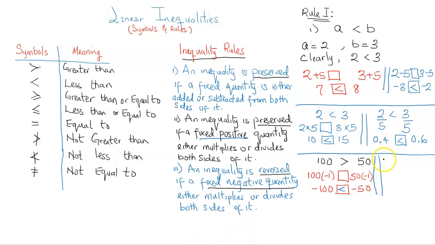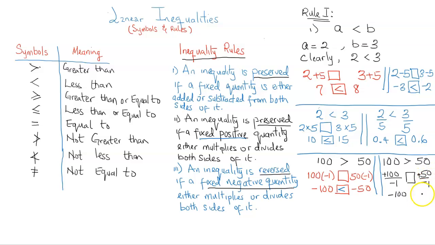Okay, so we are still going to divide both sides by -1 and see what happens. So this is going to be 100 divided by -1, then 50 divided by -1. Here we know that this is a positive 100, this is a positive 50. Positive divided by negative is negative. 100 divided by -1 is -100.